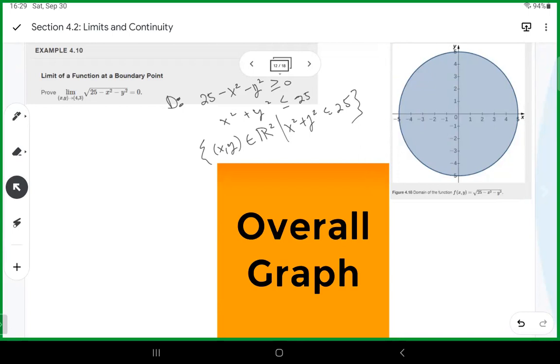So we can use the limit laws, which apply to the limits at the boundary of domains as well as the interior points. So now we need to look at the limit. I'm not going to rewrite it. It's right there for you guys. So we'll take the square root of the limit, and then we'll break it apart underneath.